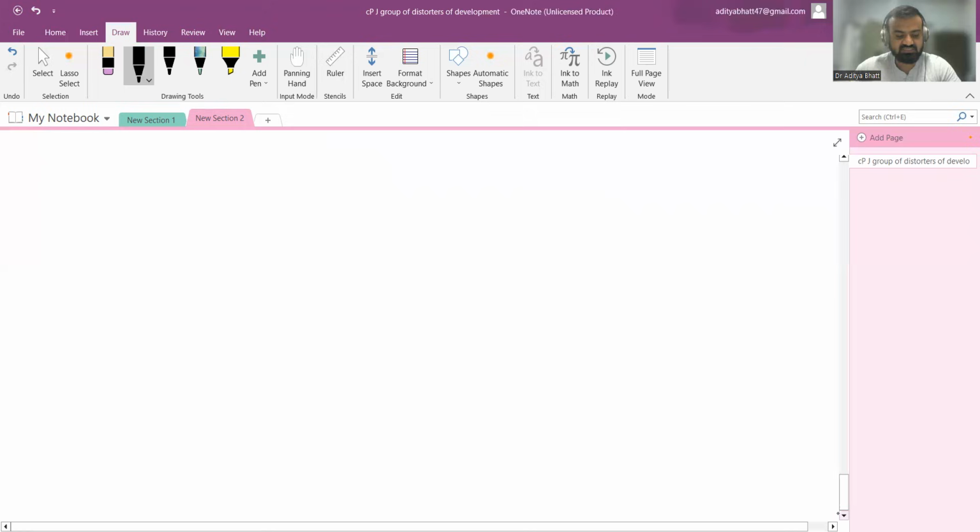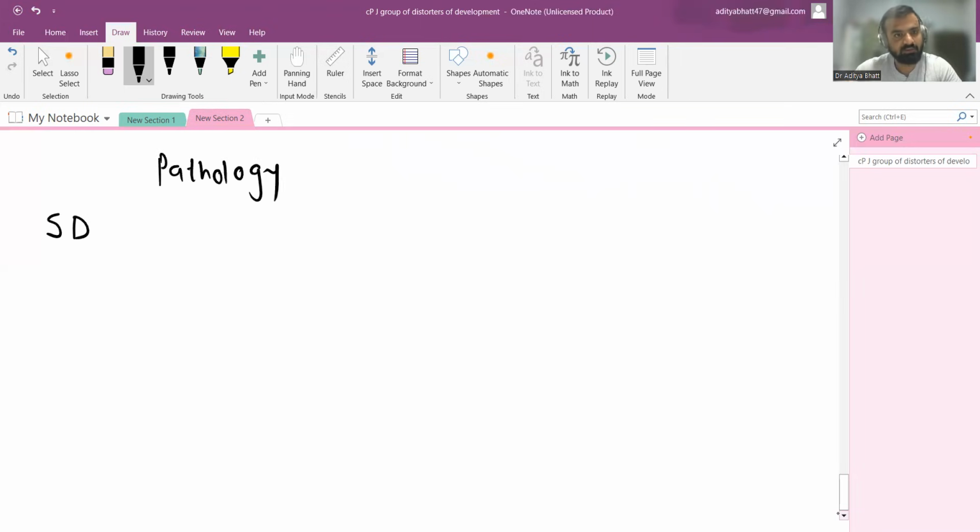So first type of CP is spastic diplegic CP. In that, what is the pathology? Most common pathology in spastic diplegic CP is periventricular leukomalacia. It is mostly seen in preterms. What is the etiology of periventricular leukomalacia?